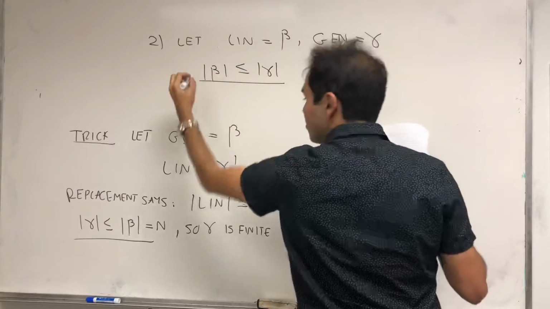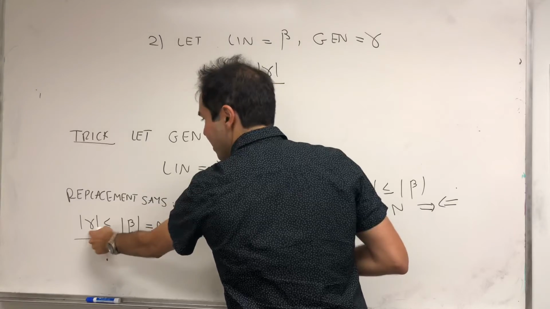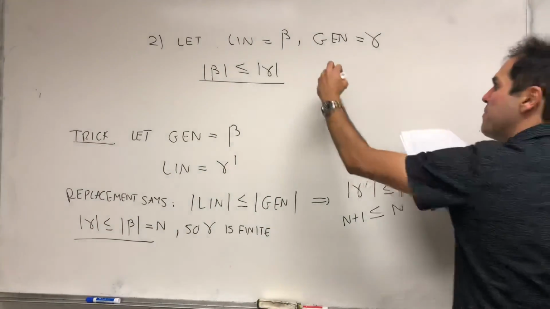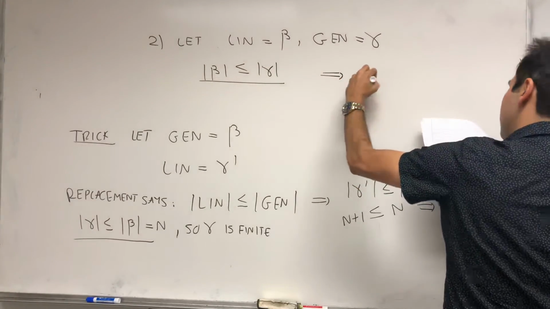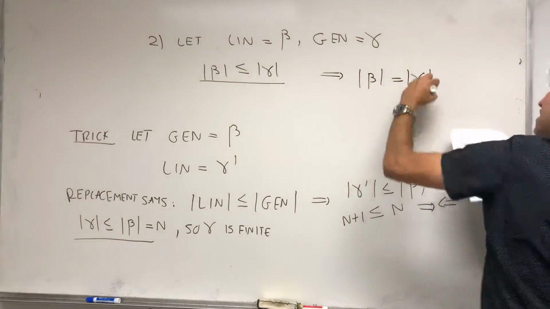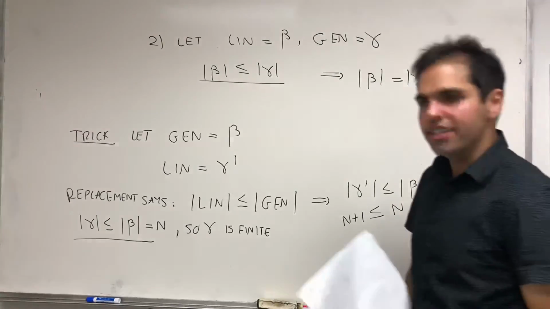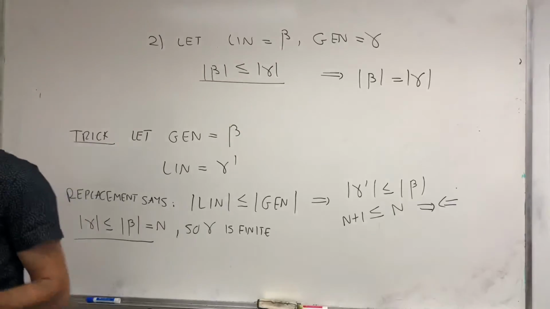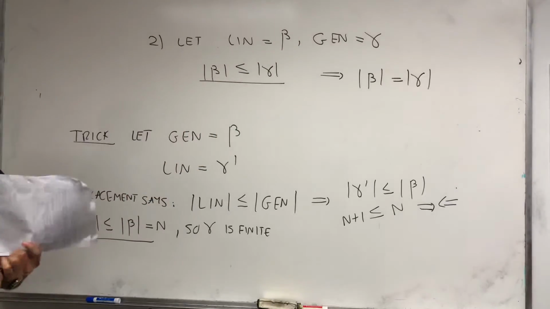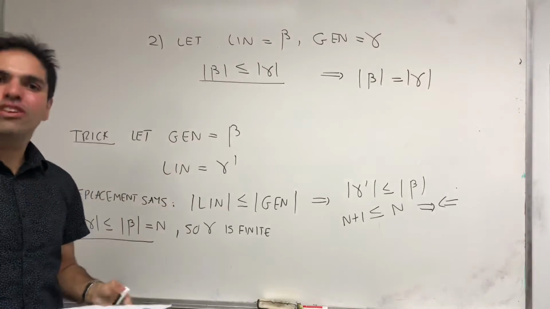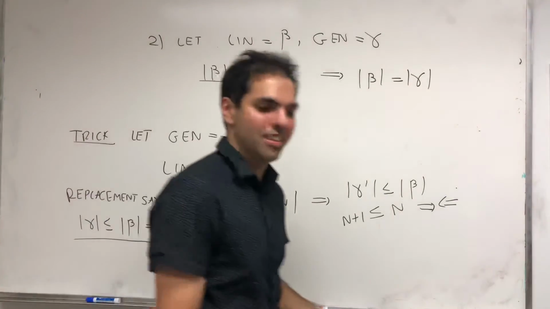And that's all we needed, because we've shown that gamma is less than or equal to beta, beta is less than or equal to gamma, and therefore beta equals gamma. And so, if you pick two arbitrary bases of V, assuming one of them is finite, then they have the same number of vectors. And therefore, the notion of dimension is well defined.